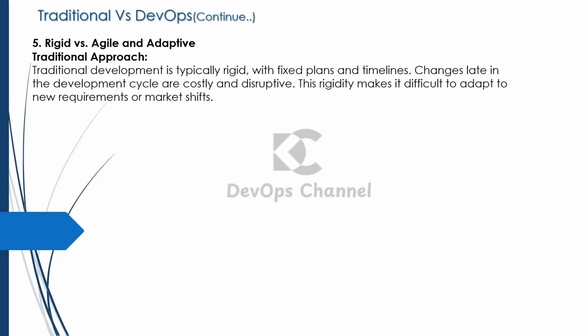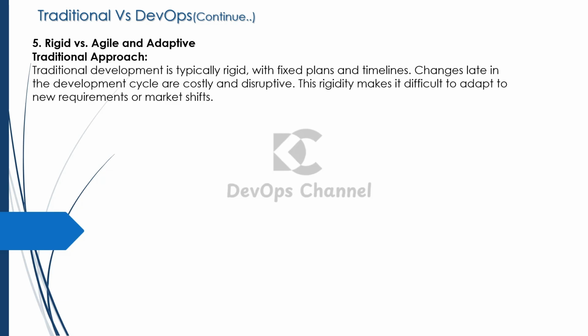Now the next point is rigid versus agile and adaptive. Traditional development is typically rigid, with fixed plans and timelines. They often change if an emergency setup is required for developing or deploying the software.